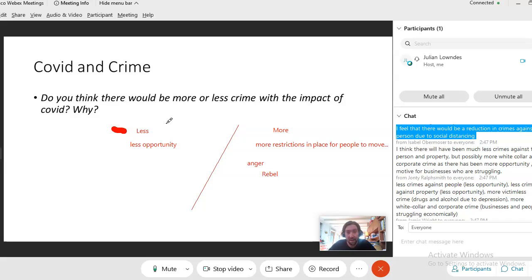People getting together, having house parties, that would lead to more instances of crime and offender rates. Perhaps also there's a sense of rebellion and anger as well, which might mean that there might be more crime as well.